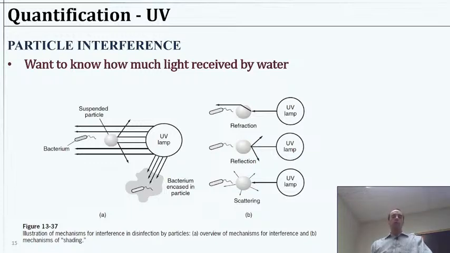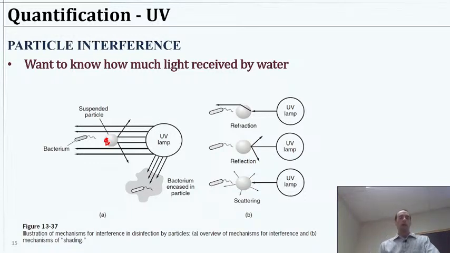So, for example, if we have a UV lamp and then we're trying to kill a bacteria, but we have particles suspended in water, well, those particles could scatter the light, could shield or shade the bacteria. The bacteria could even be stuck inside or on the surface of it, and then that shading or shielding, maybe the bacteria works its way inside of a particle, depending on what that particle looks like.